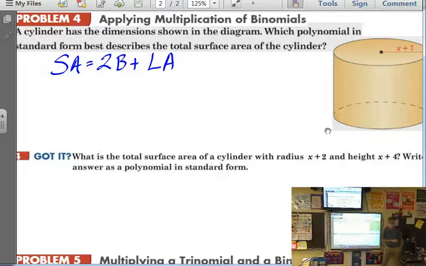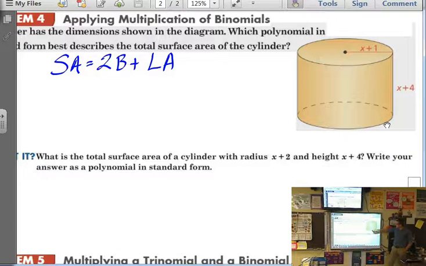Let's deal with our base first, just because it seems like it should be a little bit easier, hopefully. How do I find the area of my base? Mr. Walker? The area of the base is pi r squared, and the radius is x plus 1, so you have to square that and multiply by pi. So we are going to do pi times the radius, which is x plus 1, squared.